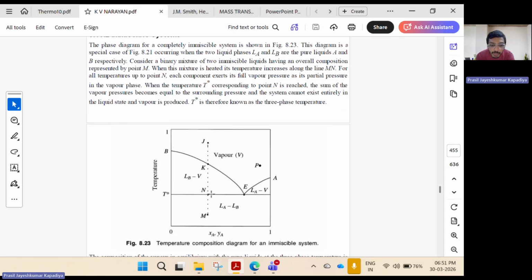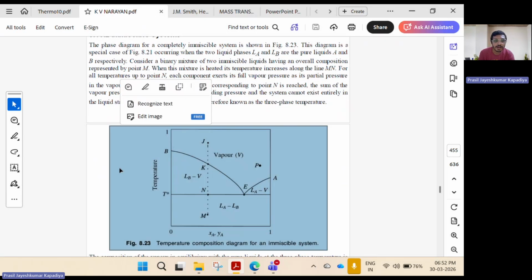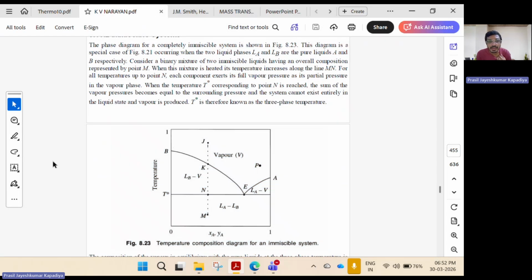Now based on our composition region, as we have started from here, we will have more B. This is the L, xA tends to 0 line this time. So we will be reaching B. This is LB V and this is LA V. So LB will be in equilibrium with the vapor phase at temperature T star.